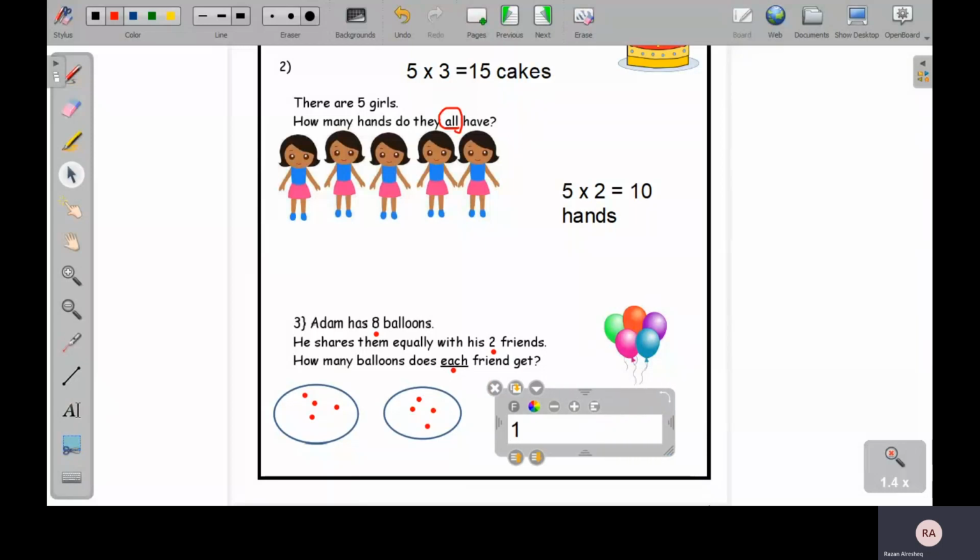So here, if I write my division sentence, I say 8 divided by his 2 friends equals 4 balloons. We also have to write the unit for division. So here was a division word problem where we also circled the keywords, we modeled it, and we wrote the division sentence to get the answer.